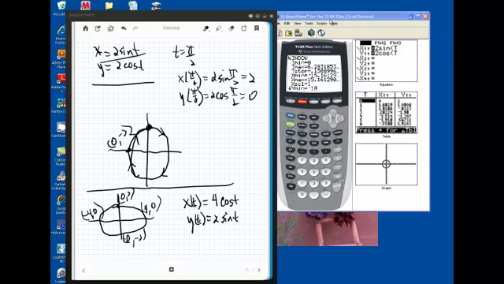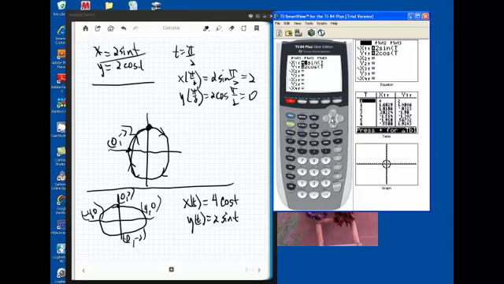Now I'm going to go back over here and see what happens. I'll enter 4 cos, and then 2 sine, and then I'm going to graph it. Let's graph. See what happens.